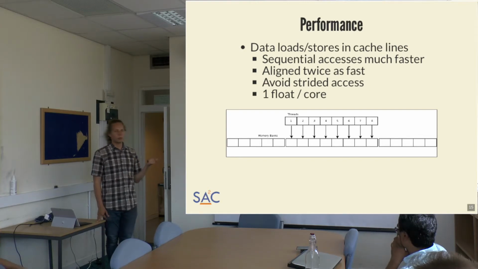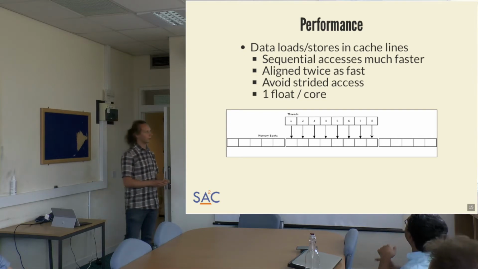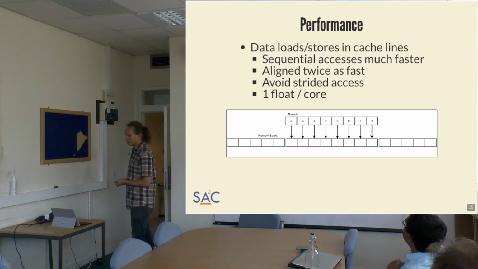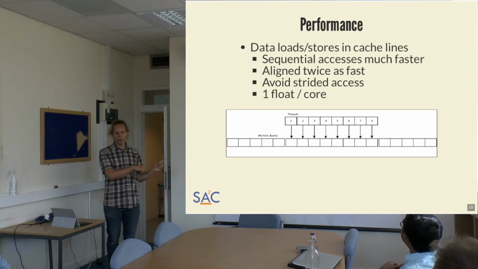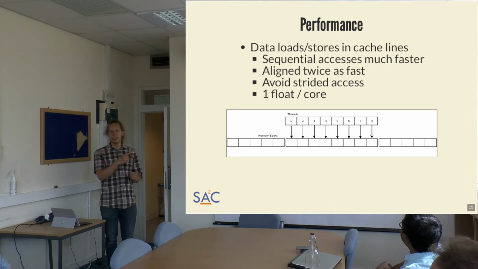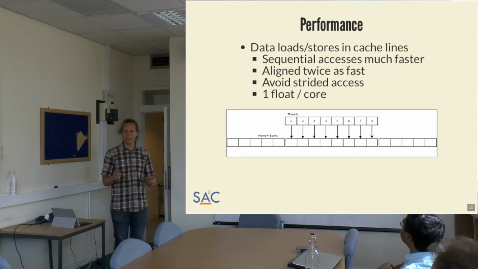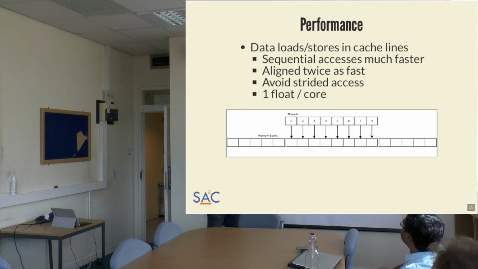Okay. Now, this is probably something you see in any lecture or interaction that you do on this picture. The load store units can essentially do a single load of a full cache line at once, which means they can load one single precision number for every compute core at once, as long as they are stored consecutively in memory, and if they are from one cache line, of course.